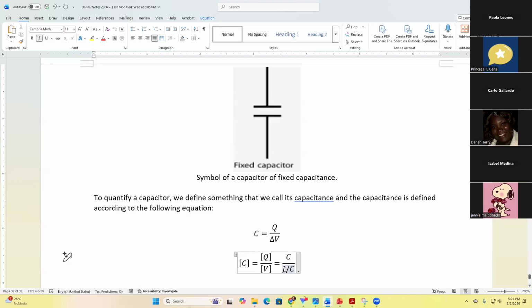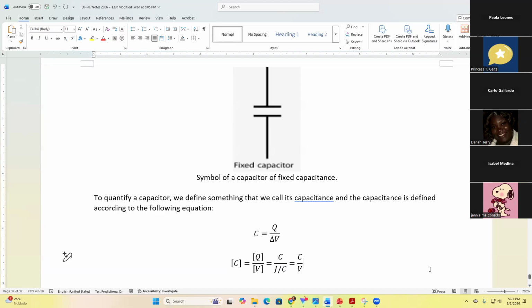This unit shows up so frequently in physics that we give it a name. We call it the volt, and we write it as V, so the unit is C divided by V.